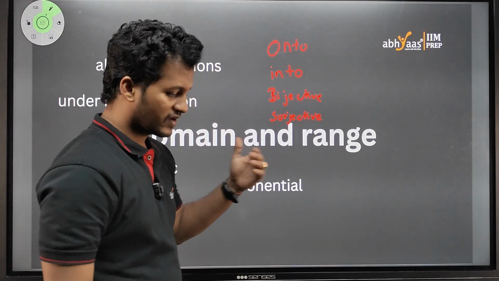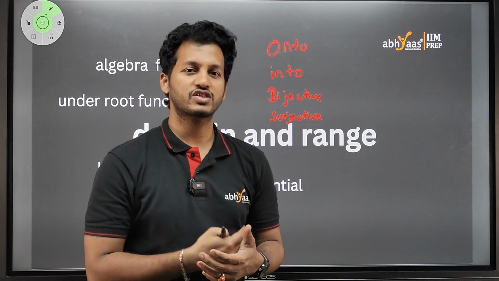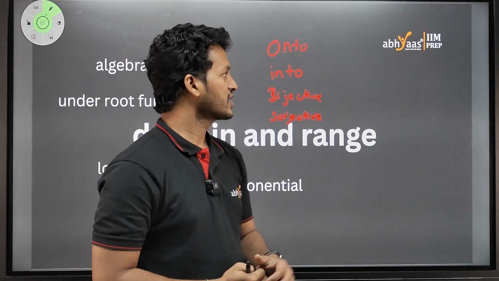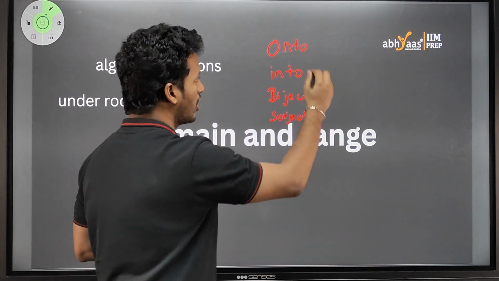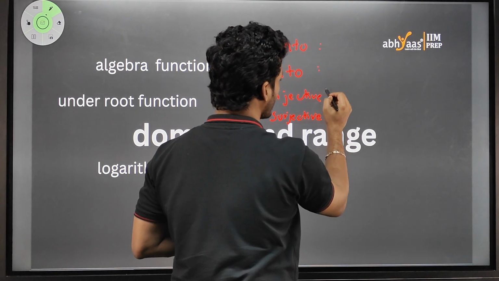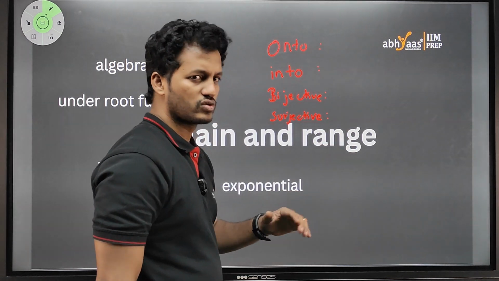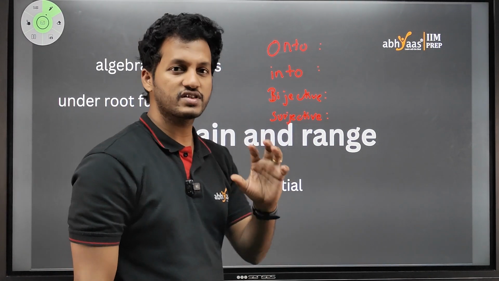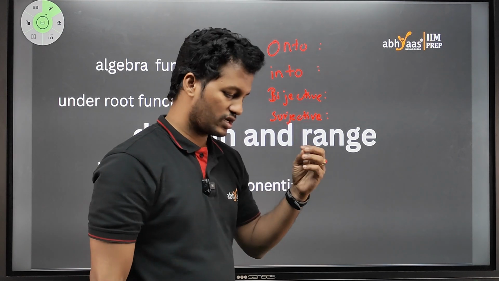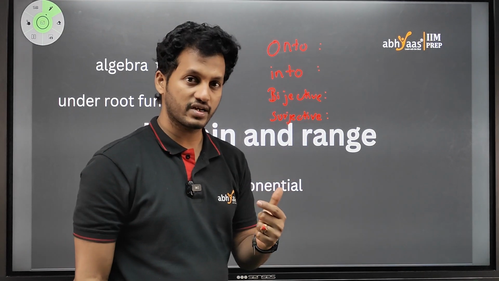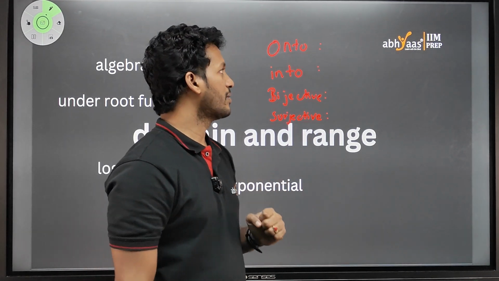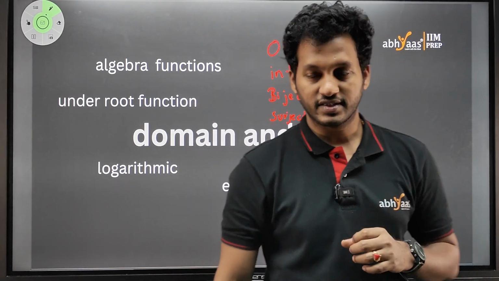Why are these functions important? There are instances where these types of questions were asked, so you have to know what is onto. I'm not going to explain all of these in this whole class. I'm going to leave you with some clues, so that you can go and check on the internet and comment those things in the comment section.